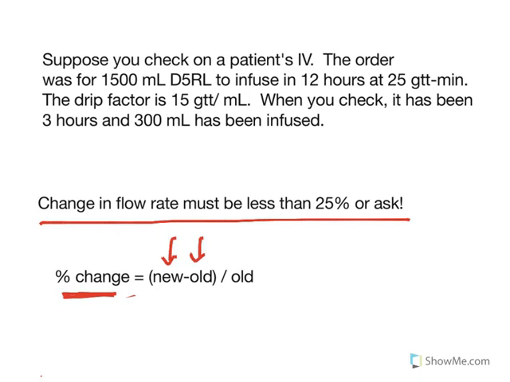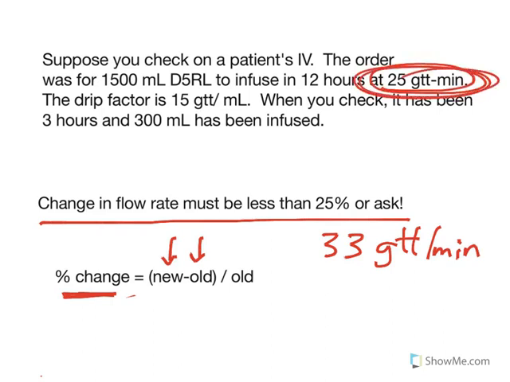So in this case, our new flow rate found in the last part was 33 drops per minute. We can see from the problem that the machine was set at 25 drops per minute. That is the old flow rate.